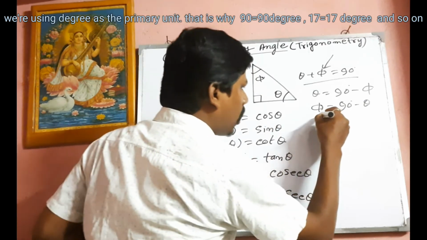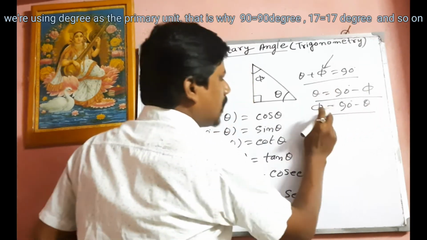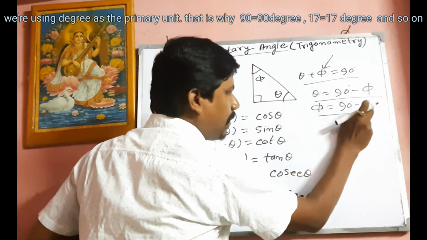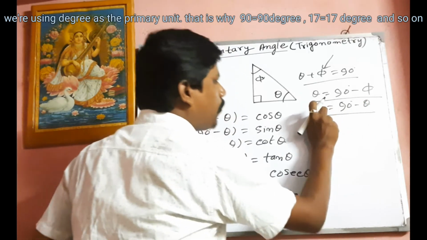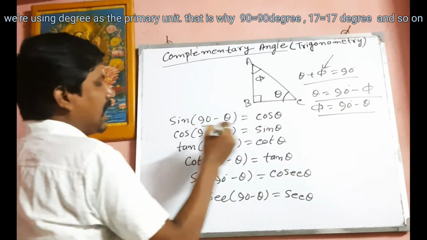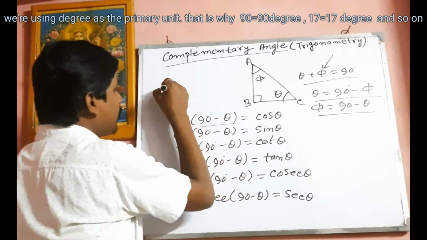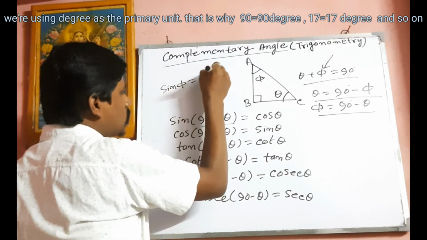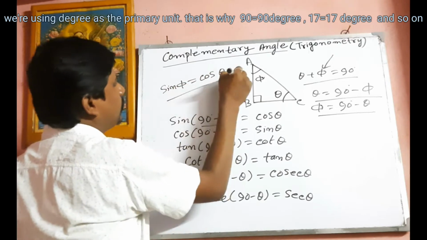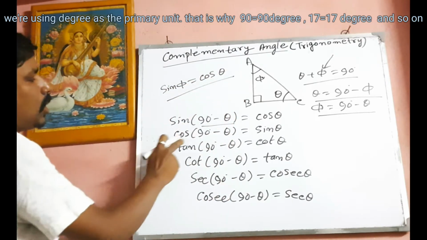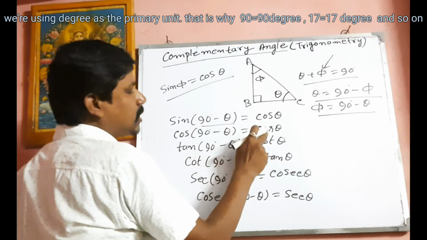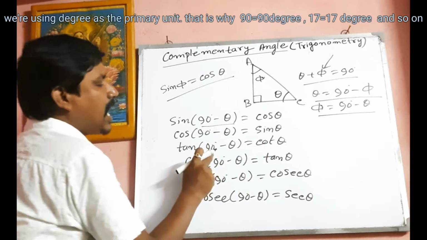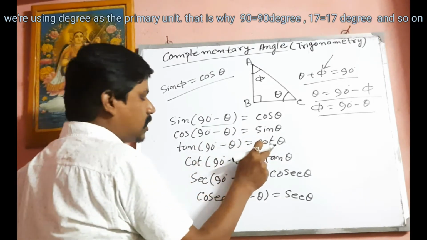So according to this, 90 degrees minus theta will be phi, that is sin phi is equal to cos theta. Similarly, cos phi is equal to sin theta. Similarly, tan phi is equal to cot theta.